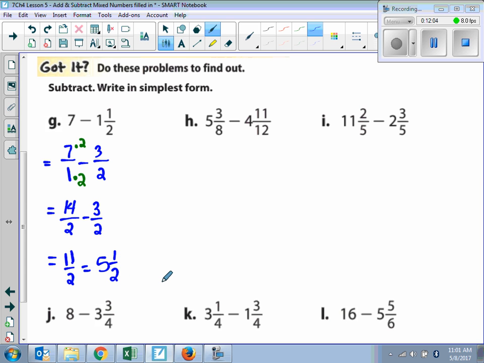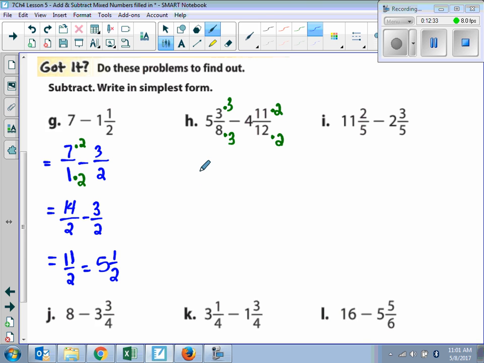Got it? All right. So for example H, we have 5 and 3/8 minus 4 and 11/12. With 8 and 12, what's the common denominator? Good. So 24 is a common denominator. So we're going to multiply times 3 here and 3 there. For 12, we're going to multiply times 2 in the denominator and in the numerator.